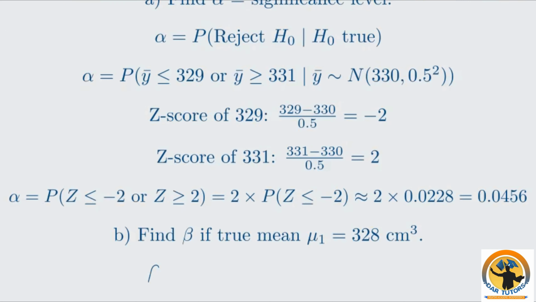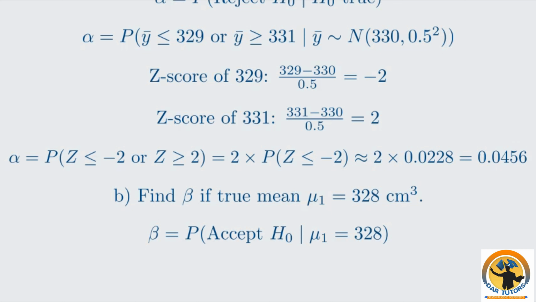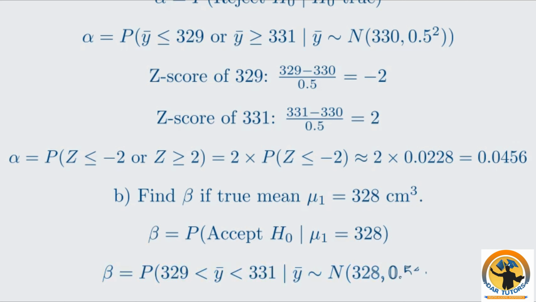Part B asks for the type 2 error probability if the true mean is 328. Beta is the probability of accepting H naught when the true mean is 328. Accepting H naught means the sample mean is between 329 and 331. We calculate this probability under the true distribution, where Y bar is normally distributed N(328, 0.5 squared).